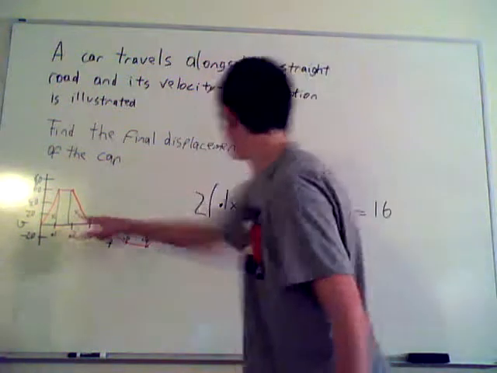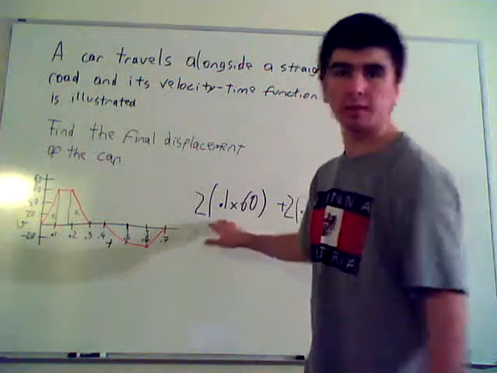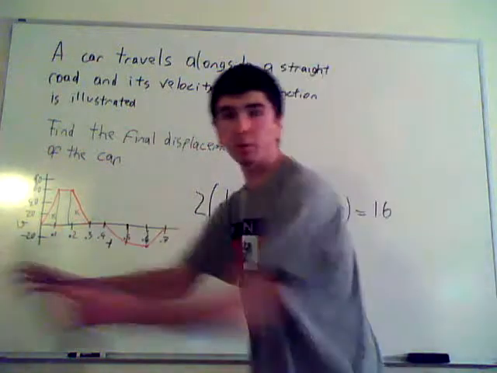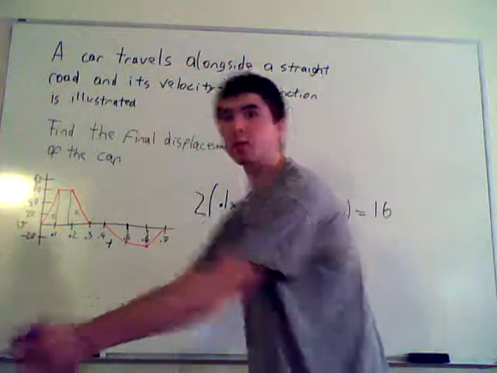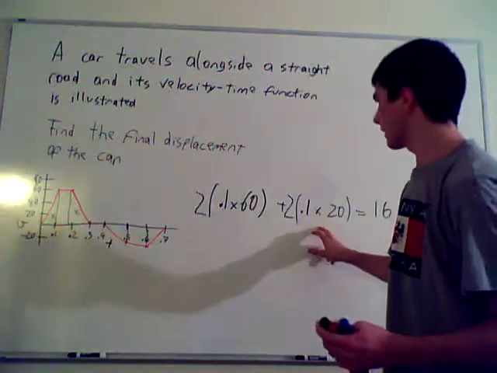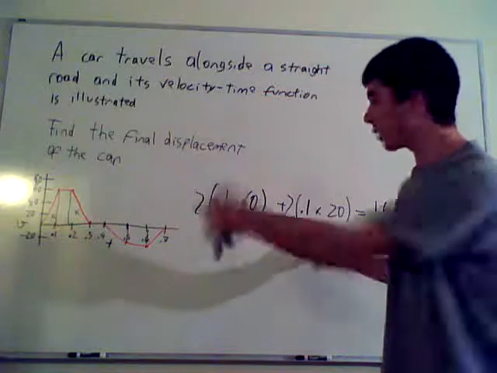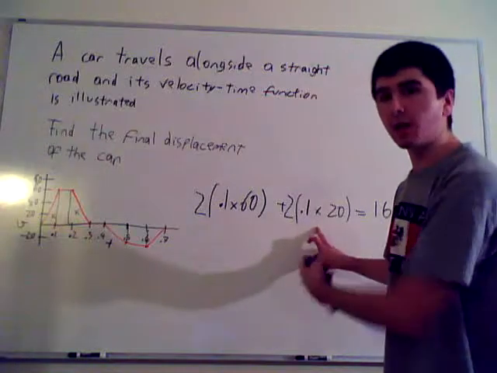And I've gone forward 12 units, because 2 times 1 plus this thing is 12. So I went forward 12 units, but then I went back 4 units. So really, I have moved forward 12 minus 4, which is 8.